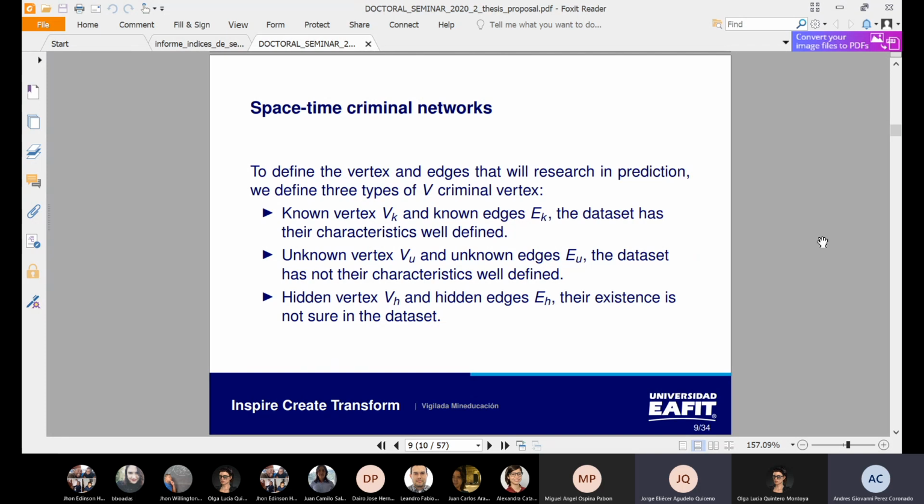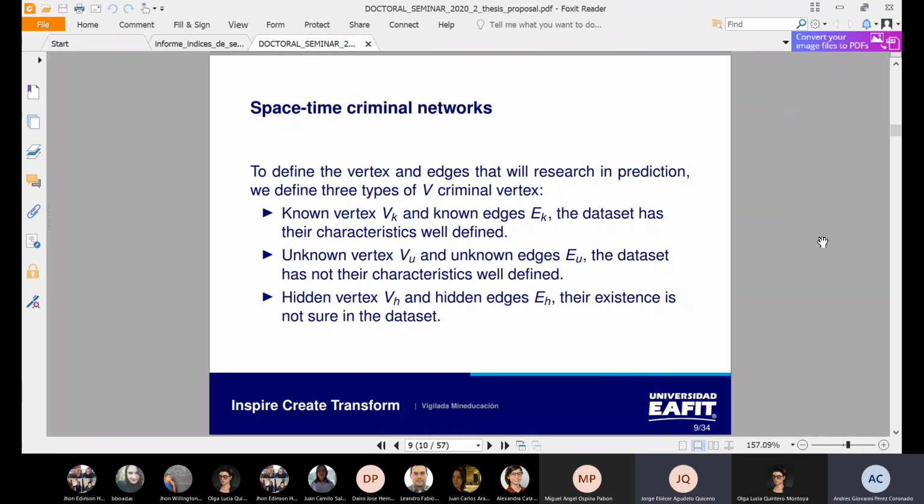We define the vertices in space-time criminal networks for prediction. We define three types of vertices and their own edges. First, the known vertex V sub K and known edges E sub K that we already have in our data set.